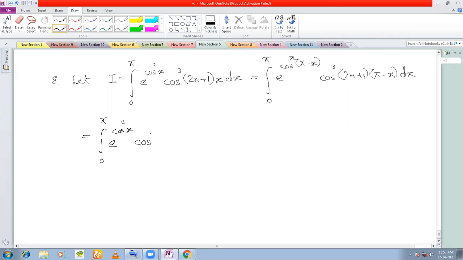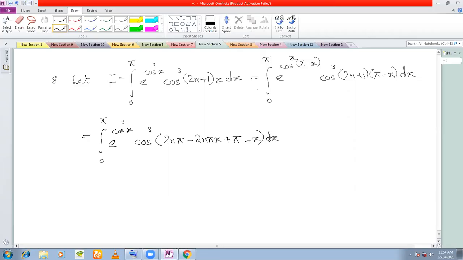And here you multiply everything. If you multiply, you get 2n pi minus 2n x, plus pi, and minus x, dx.